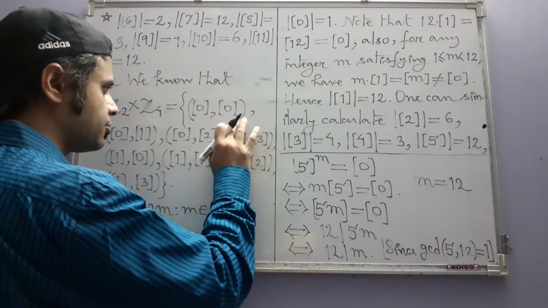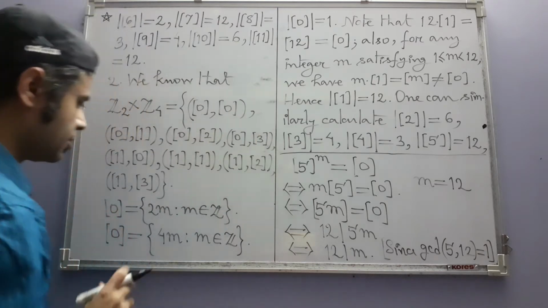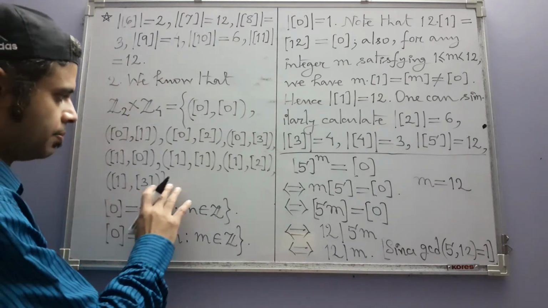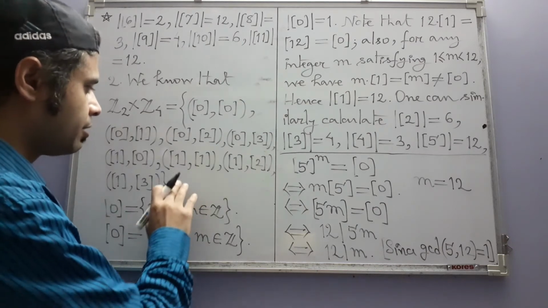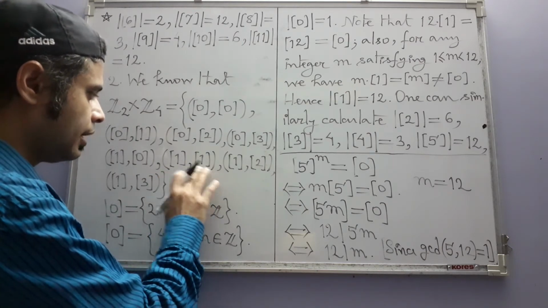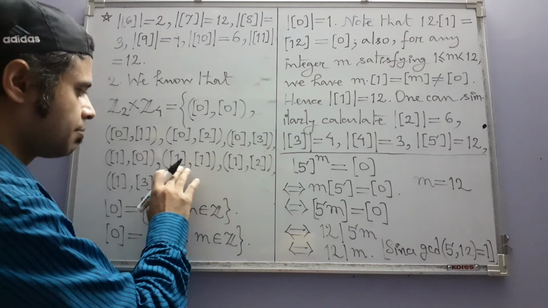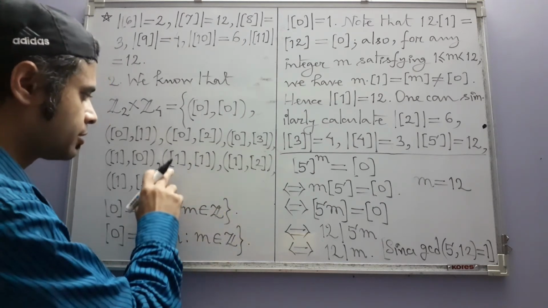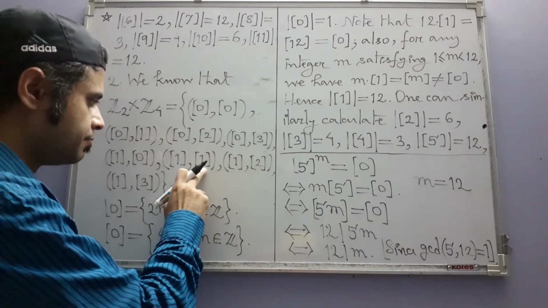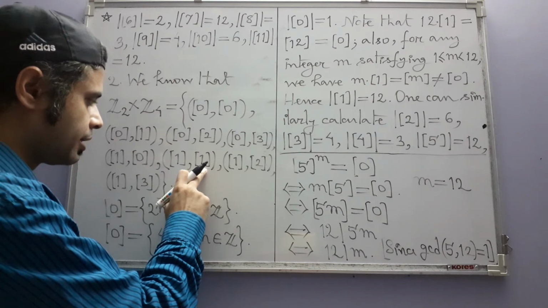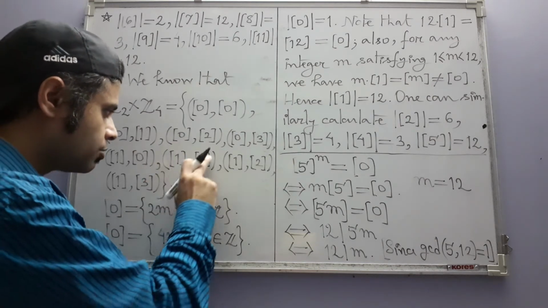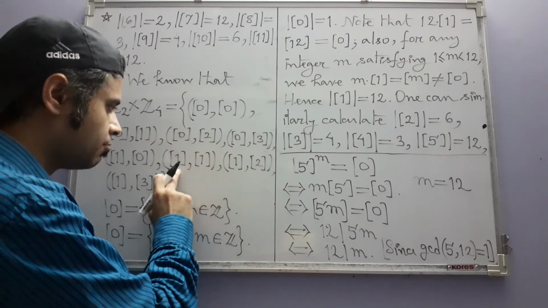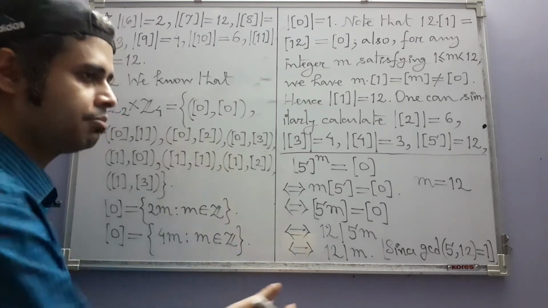But we don't actually need anything like that, and the reason is that we will not mix up elements. For example, we will have no occasion where we have to somehow include both these congruence classes 1 and 1 in the same calculation.